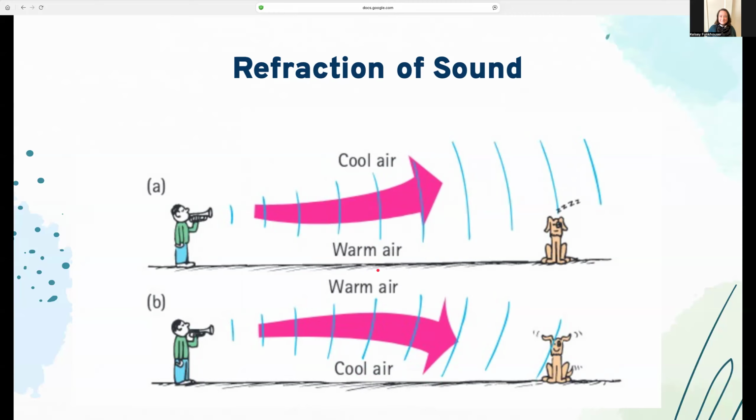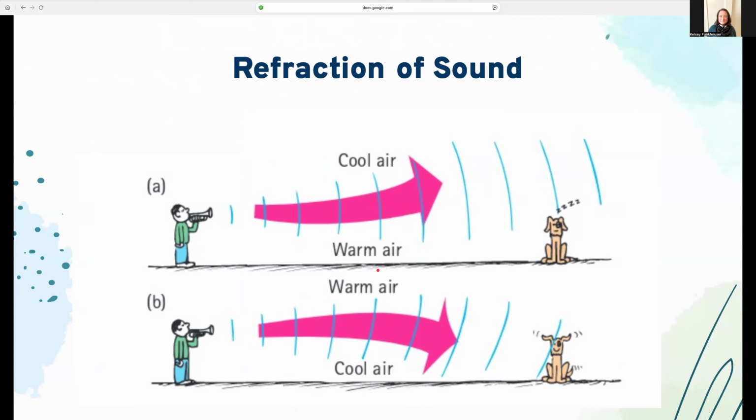So for example, in this picture, we have warm air and cool air, and we have a dog and then someone with a horn. And depending on the refraction, so how much the sound bends and the speed changes, tells us whether or not the dog actually hears the horn in the way where it wakes the dog up, for example.